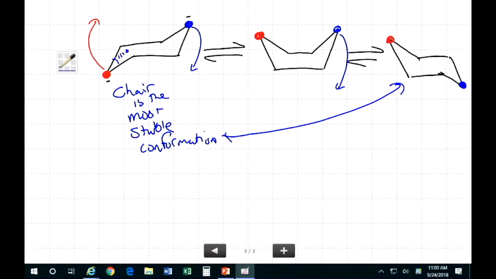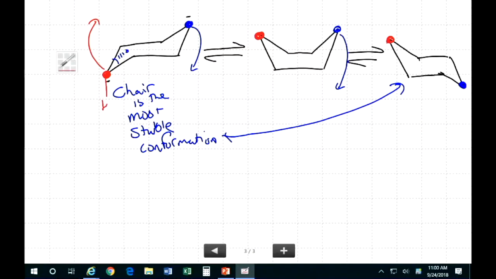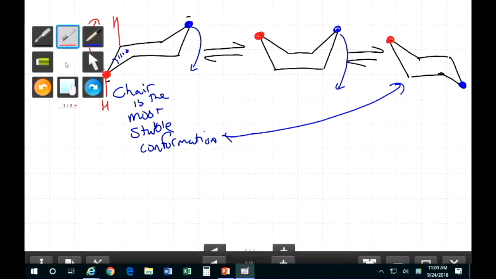And all of our hydrogens, if you were to draw a Newman projection, would be staggered. So there are no eclipsing interactions at all.